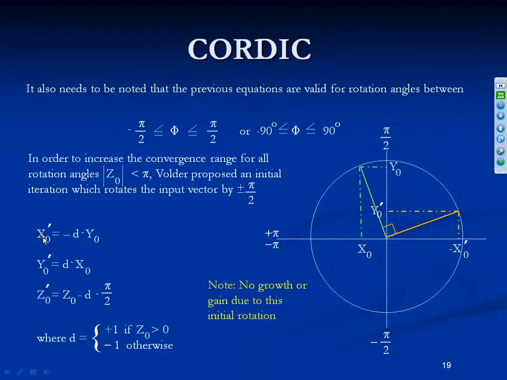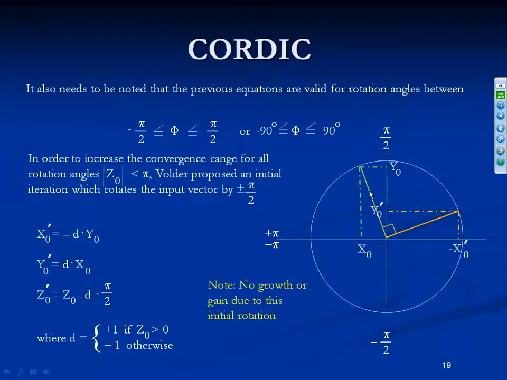Our new x prime of 0 is equal to minus d times y0, where d is equal to 1 if z is greater than 0 and minus 1 otherwise. So here I have a vector that's in this quadrant here, and we need to do this initial pre-rotation and put it back into the minus pi to pi over 2 range.